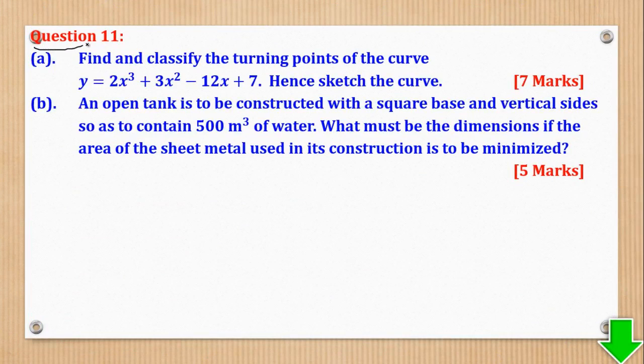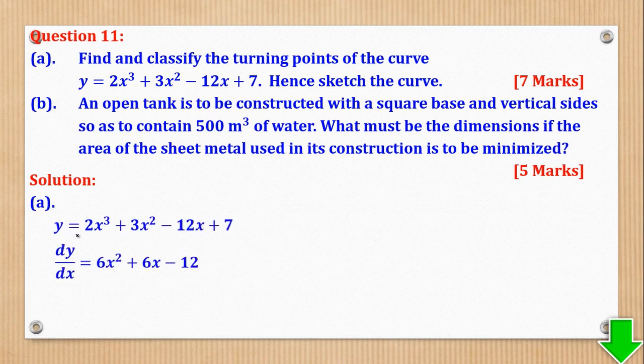Then question 11 says, part A, find and classify the turning points of the curve this, hence sketch the curve. So we have y, then we shall differentiate. Then remember that at turning points, dy/dx is equal to 0.